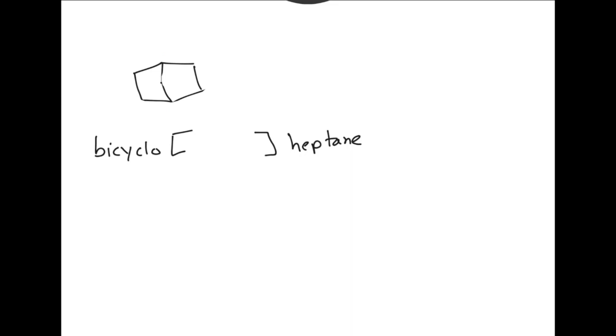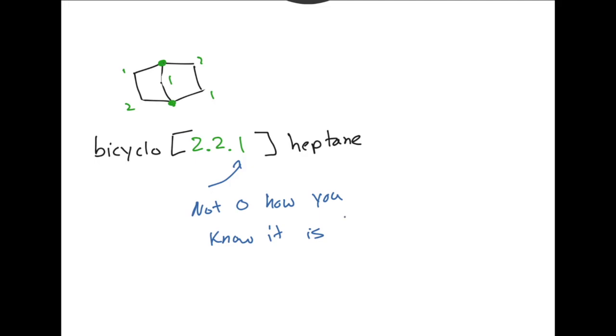And then shared carbon to shared carbon, it's 1, 2, 1, 2, 1. So it's going to be 2, 2, 1. It not being 0 is how you know it's bridged.